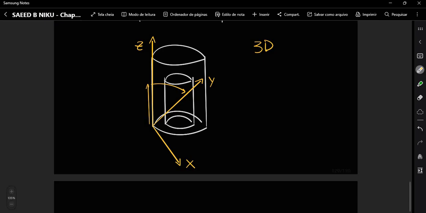In any axis that we do a rotation, we need an angle, an alpha angle, and with this alpha angle we will have cosine of alpha and sine of alpha, and like this we are referring to an x-axis.